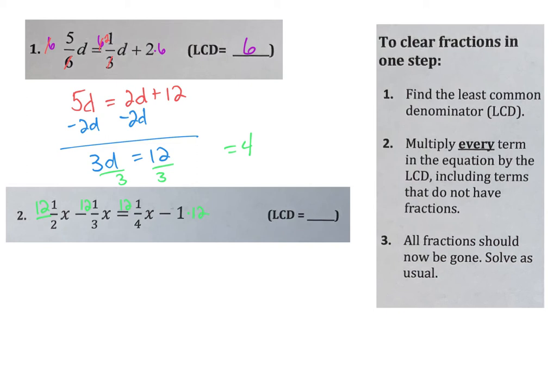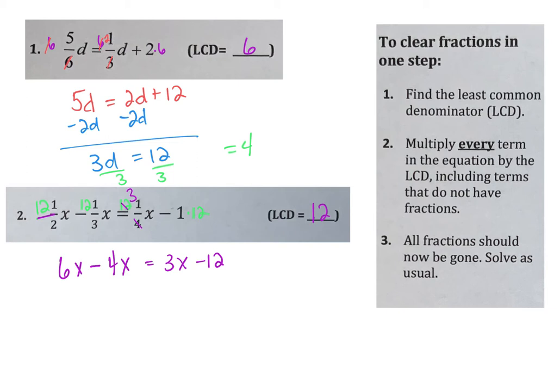All right? So when I do that, I'm going to just divide those by those denominators. So for this one, it's going to be 12. So see, 12 divided by 2 is going to be 6 times x, minus 12 divided by 3 is 4 times x. 12 divided by 4 is 3 times 1 times x. And 1 times 12 is 12. All right?